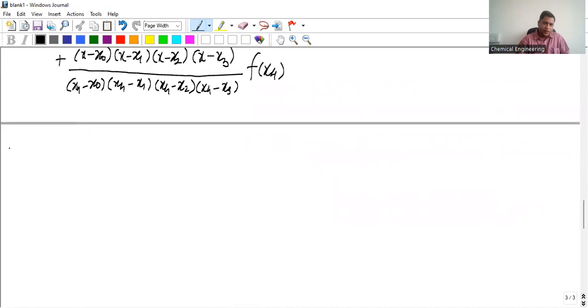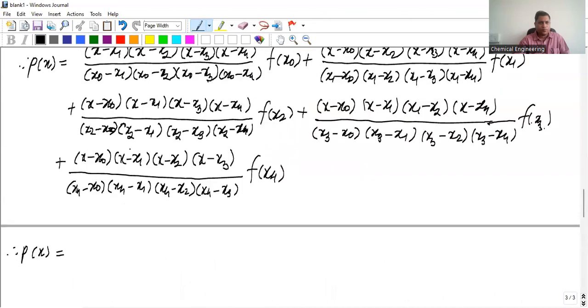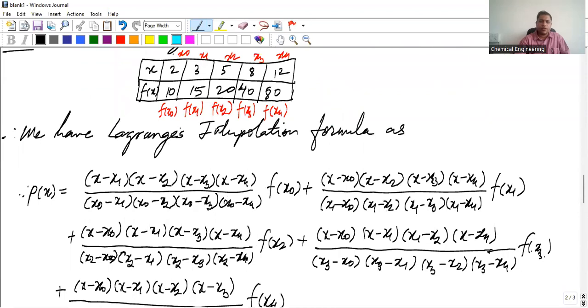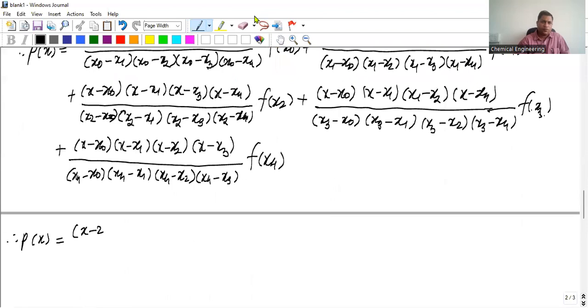So we get here p of x is equal to, so we got here x minus... What are the values? It is starting with 2. So this is x0, 3, 5, 8, 12.